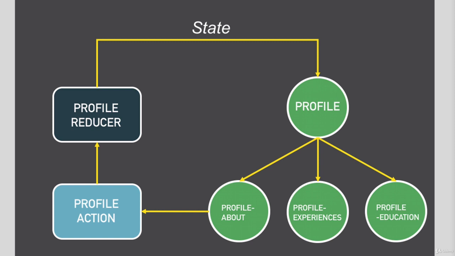Okay, so I have a very simple diagram here to kind of explain things a little bit. We're going to be looking at just the profile side of things. So profile data we get from the server, that's going to be put into what's called a store, a Redux store. Okay, so we'll fire off an action to fetch the data, and that gets put into the store. So you can think of the cloud, as I mentioned, as the Redux store.